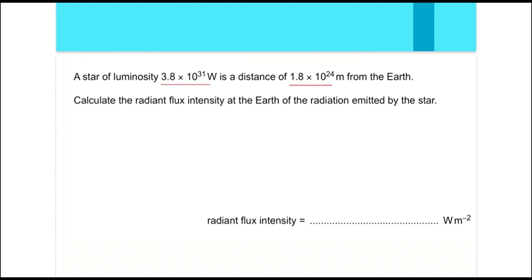So in a direct application of the law, F, the radiant flux intensity, is given by L over 4 pi d squared.